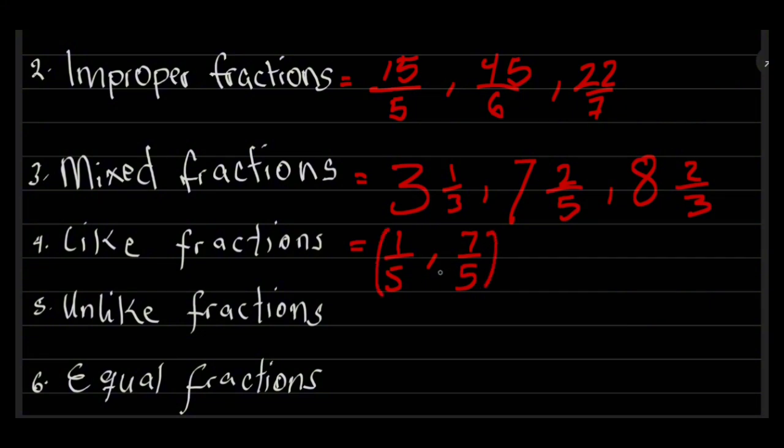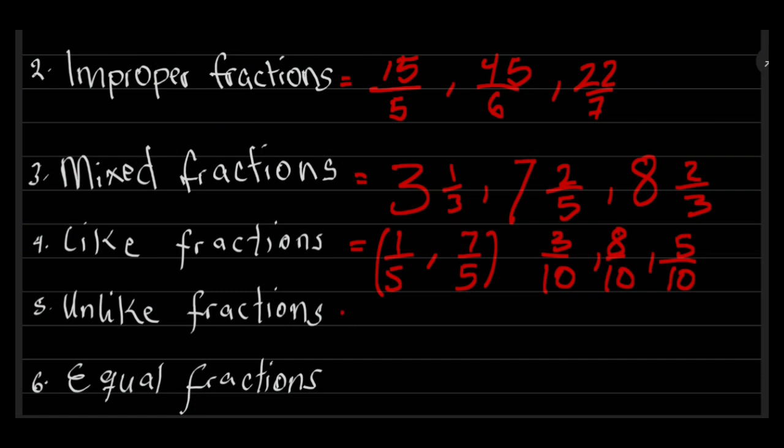If we are to pick 3 on 10 and then 8 on 10 and then 5 on 10, they are all like fractions. Why are they like fractions? Their denominators are the same.